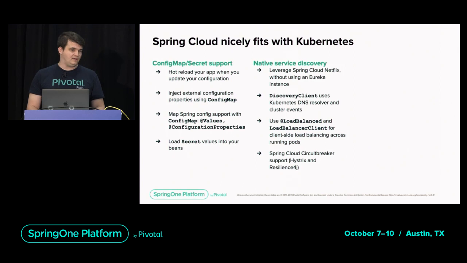And then, as soon as you use the @LoadBalanced annotation, or if you are using the discovery client service available in Spring Boot and Spring Cloud, then you will automatically discover available services within your Kubernetes cluster. And there is nothing else to do to leverage this.